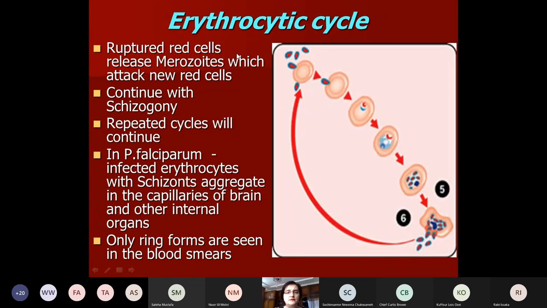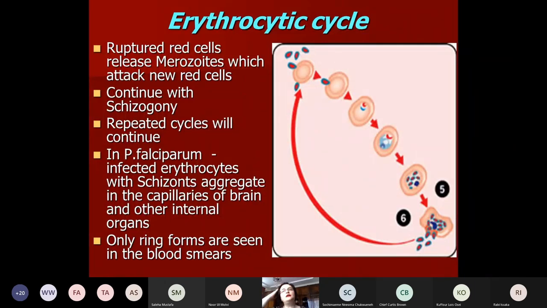Ruptured red cells release merozoites again, which attack new red cells, and exactly with each of these moments, each cycle releasing merozoites, there will be a new symptomatic attack, or malarial attack.